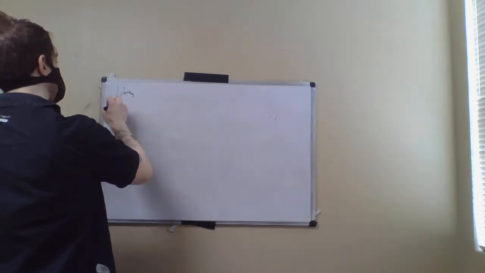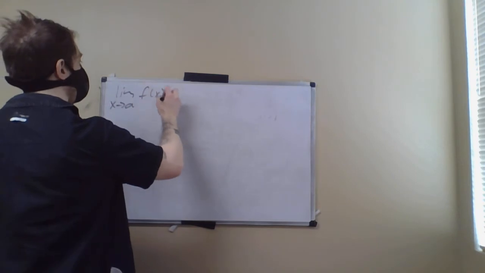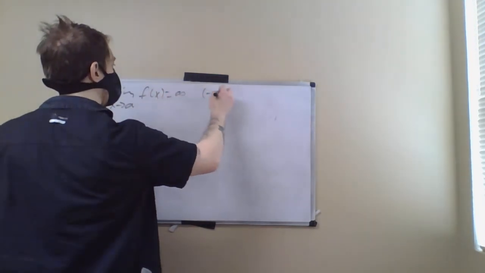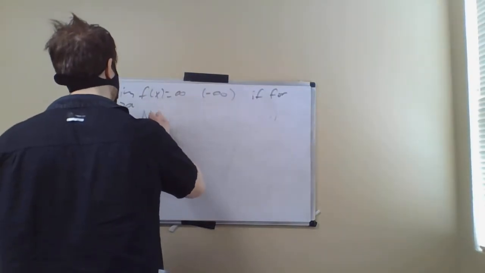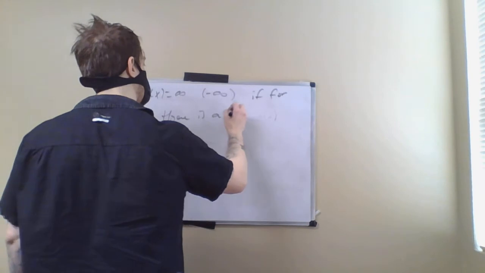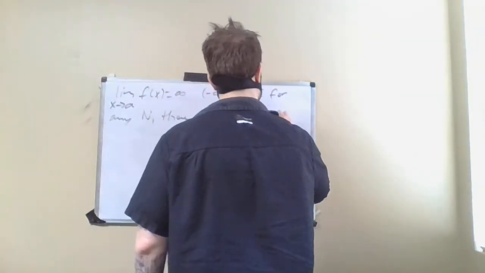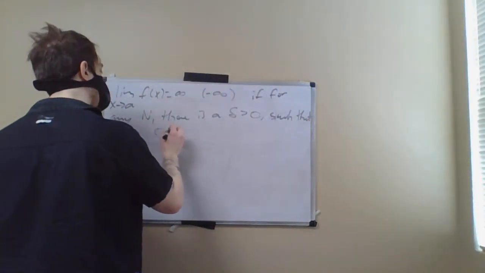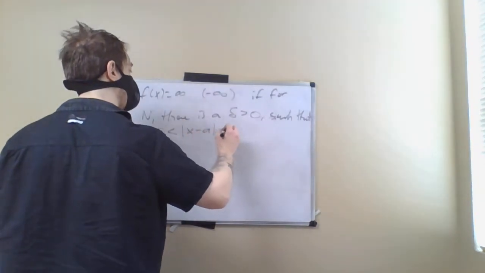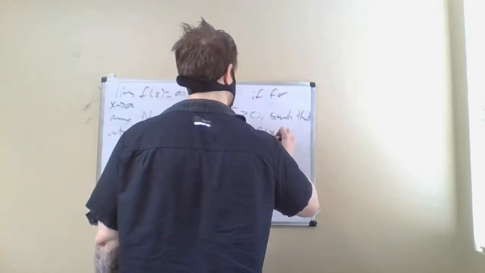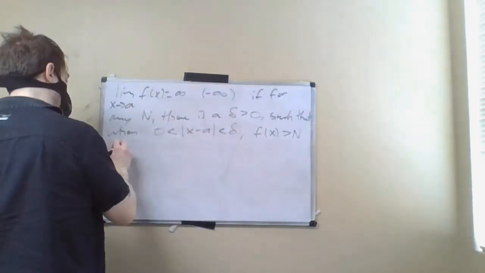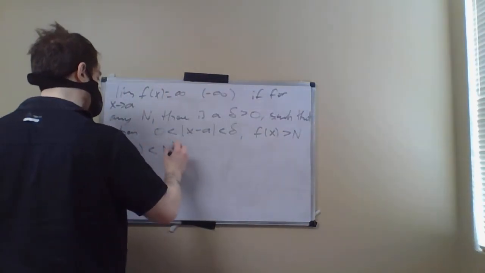The limit as x approaches a of f of x is equal to infinity, or respectively negative infinity, if for any n there is a delta bigger than 0 such that when 0 is less than the absolute value of x minus a is less than delta, f of x is bigger than n, or respectively, f of x is smaller than n.